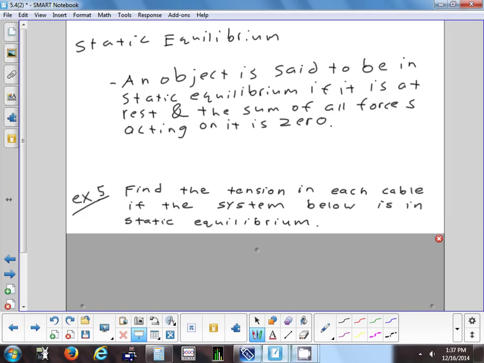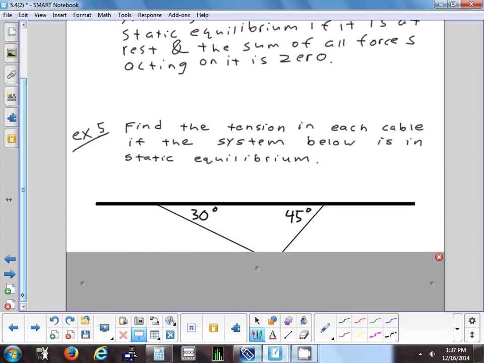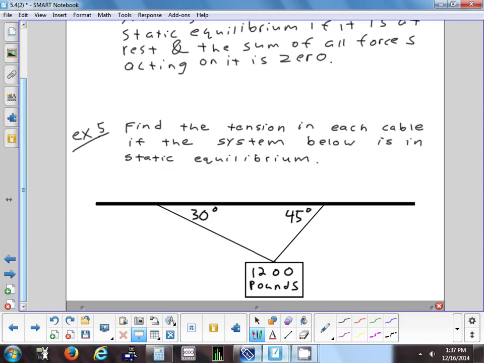So what we're going to look at is an object that weighs a certain amount of weight being suspended by 2 cables. Just like that. And I want to find the tension in each cable. So the big overview here is we got to understand that this is in static equilibrium and figure out what that means.